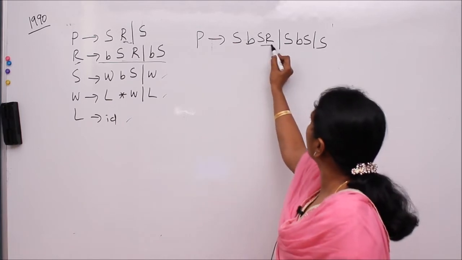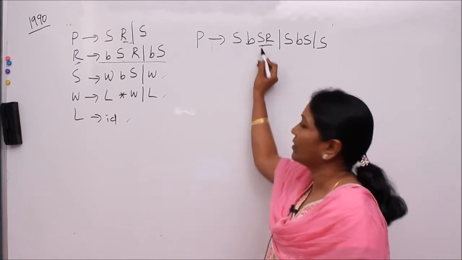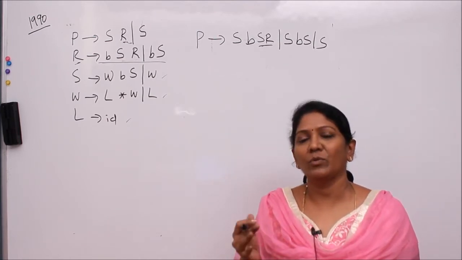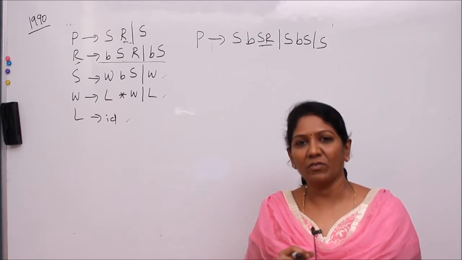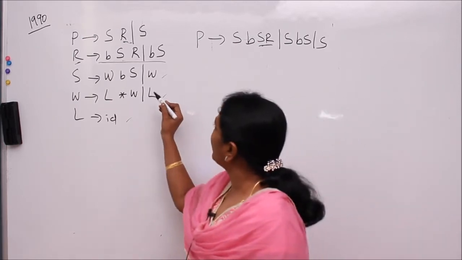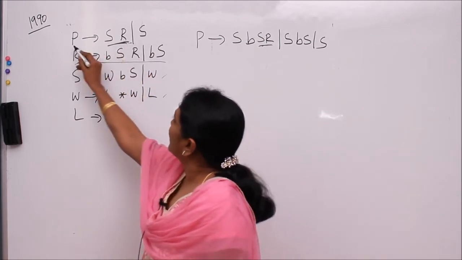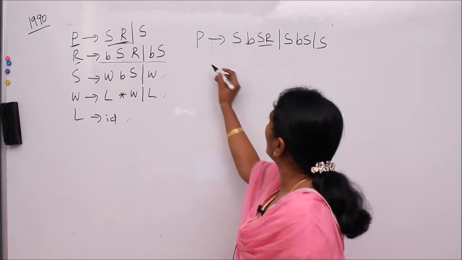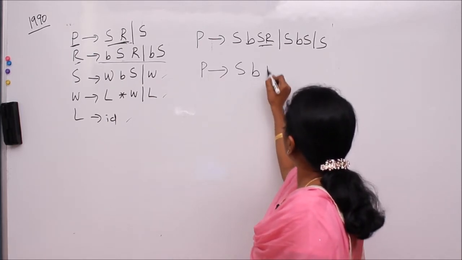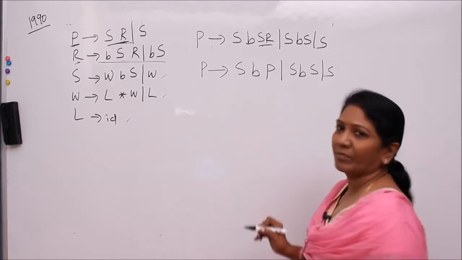Look at this. Once again, here there is no problem, here there is no problem, but once again here you have two adjacent non-terminals coming. So how to eliminate this occurrence of adjacent non-terminals here? So the best part would be here, SR is what? P. So rewrite this as P is SBP, R, SBS, RS.